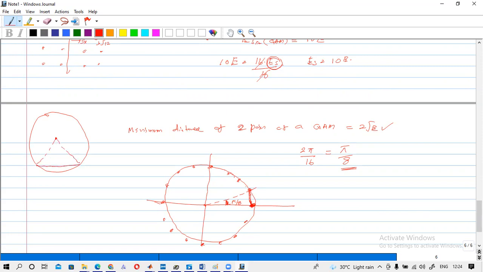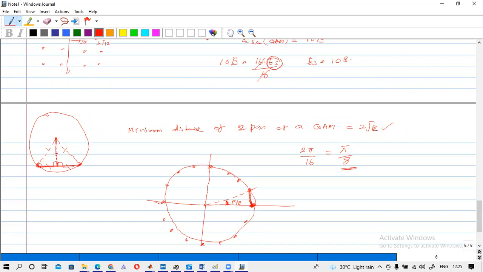If you get these two points on a circle and you draw a line perpendicular to this section, this length and this length will be the same.